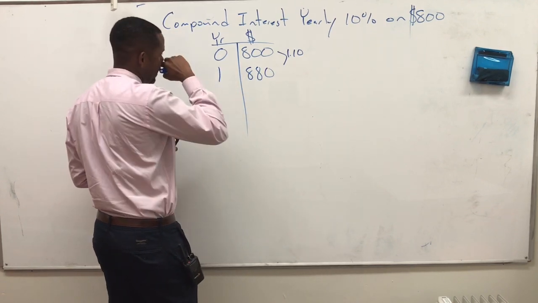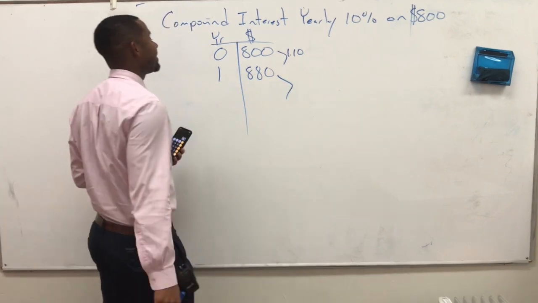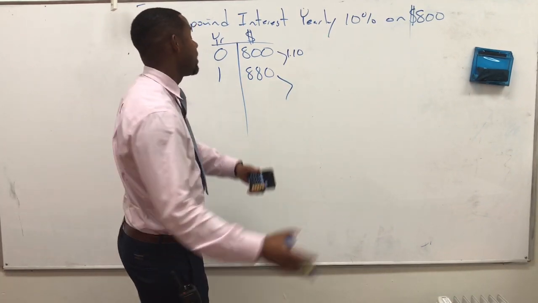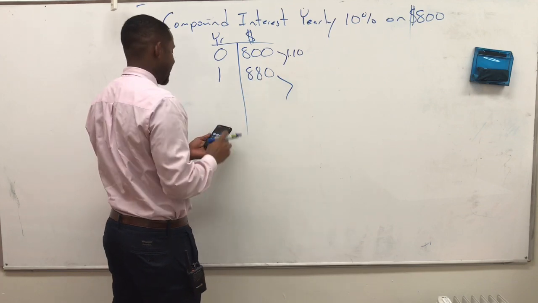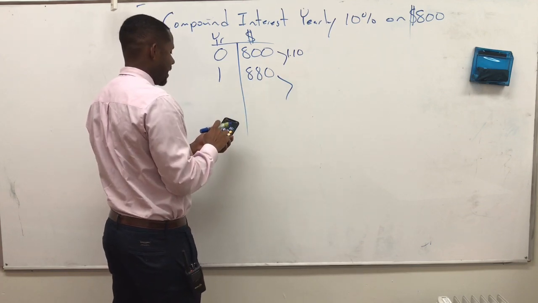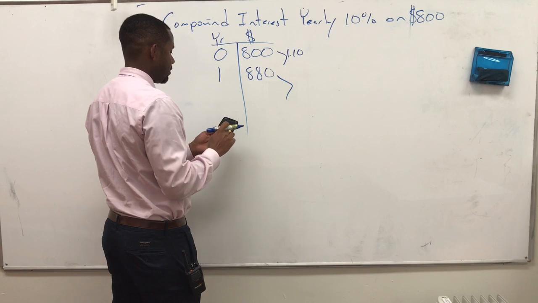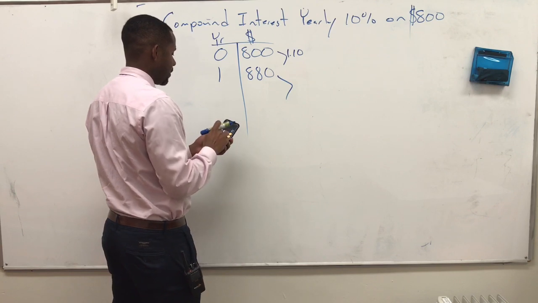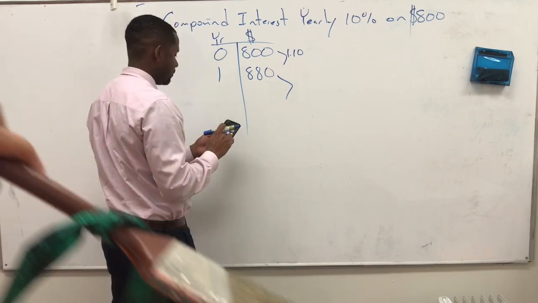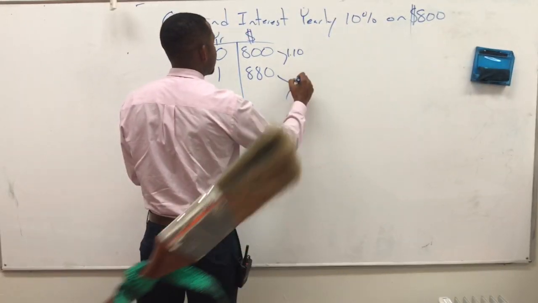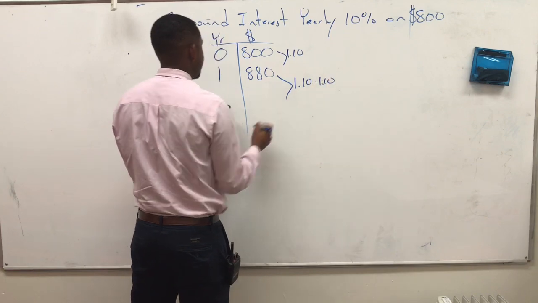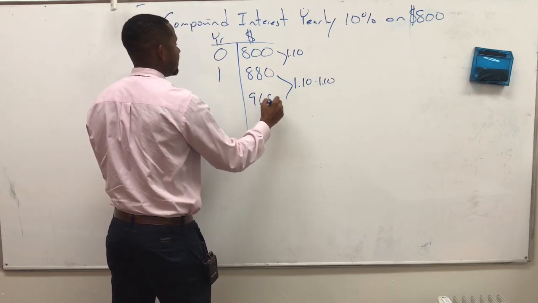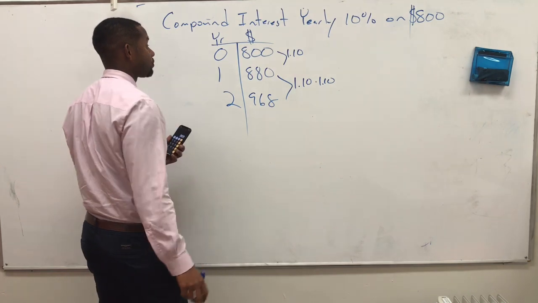So in year 1, they have 880, but now the difference between the simple and the compound is I get an extra 10% on this 880. So I take my 880 times 1.10, and I get 968 in year 2.